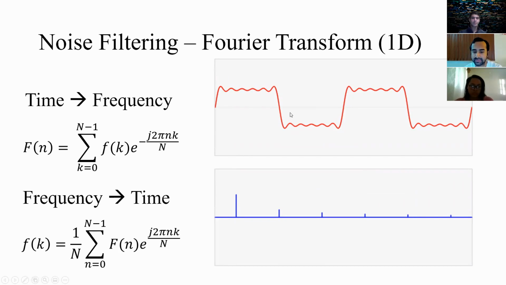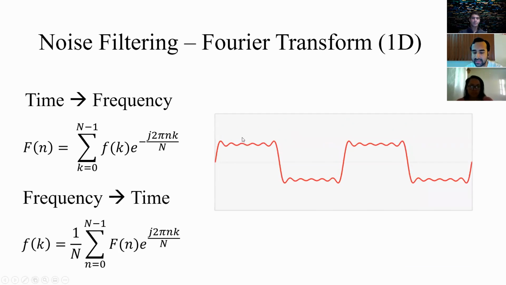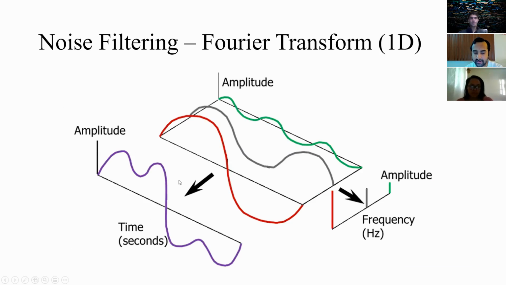If you have the time signal and you extract what the sine signals were that make it, then you get your frequency spectrum. And here's a better image that encapsulates this. If you had a time signal here, this amplitude could be voltage, it could be temperature, current, just some time signal of some sort. And you see it oscillating over time.